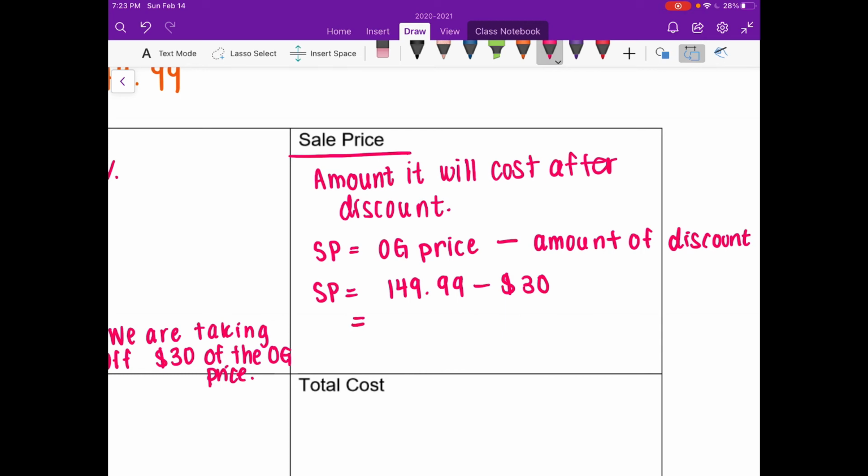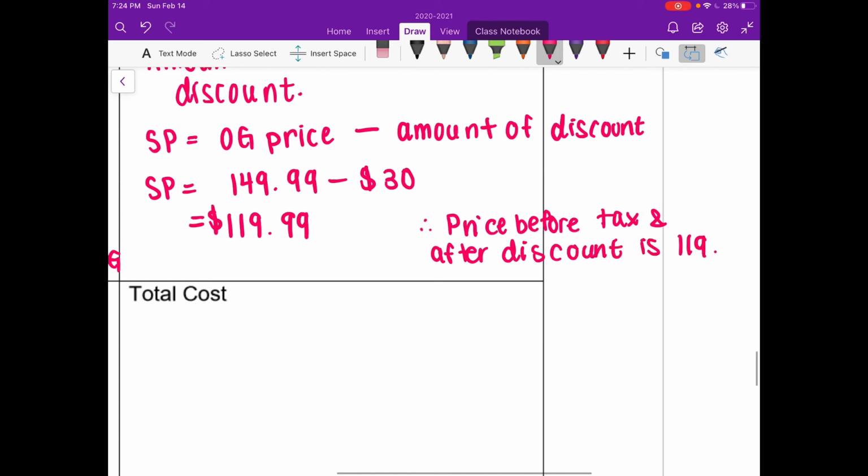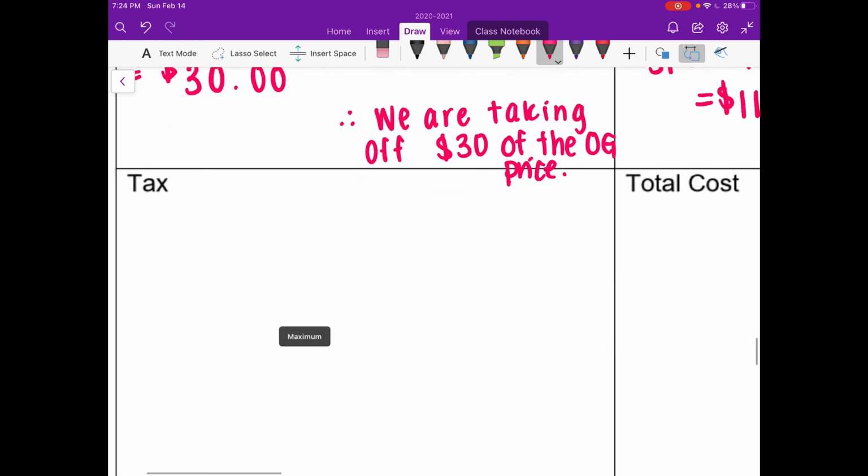And I'm going to be left with $149.99 minus 30, which gives me $119.99. So that means the price after discount is, therefore, the price before tax, $119.99. Now it's going to ask us the tax.